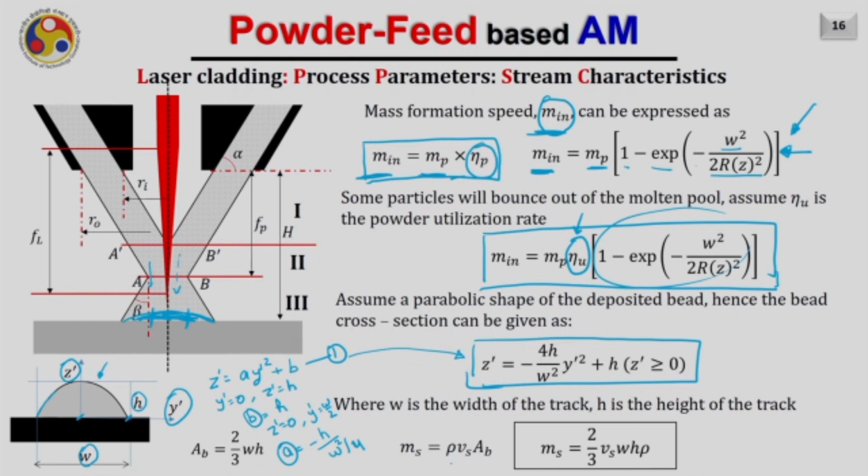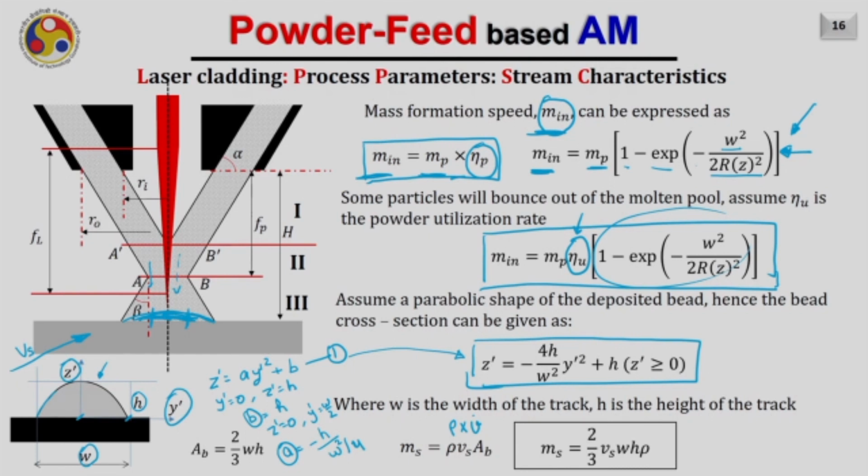The mass will be nothing but the density into the volume flow rate, the rate at which it is getting deposited. So assume that you are moving your nozzle with a speed Vs, that is also called scanning speed or travel speed, by which you are depositing the material on the substrate.